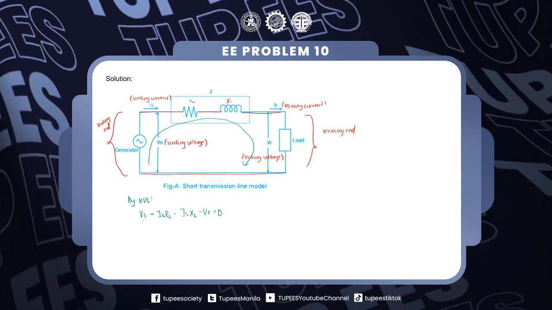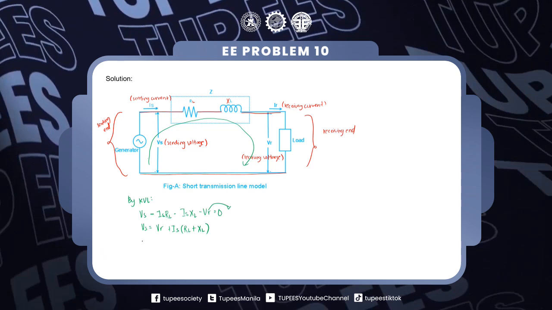Iwan sa left side yung Vs and then the rest of the parameters are at the right side, and i-factor out natin yung Is. So, Vs is equal to VR, inuna ko lang yung VR, plus Is (RL plus XL). Yun yung ating equation na gagamitin for short transmission line problem.